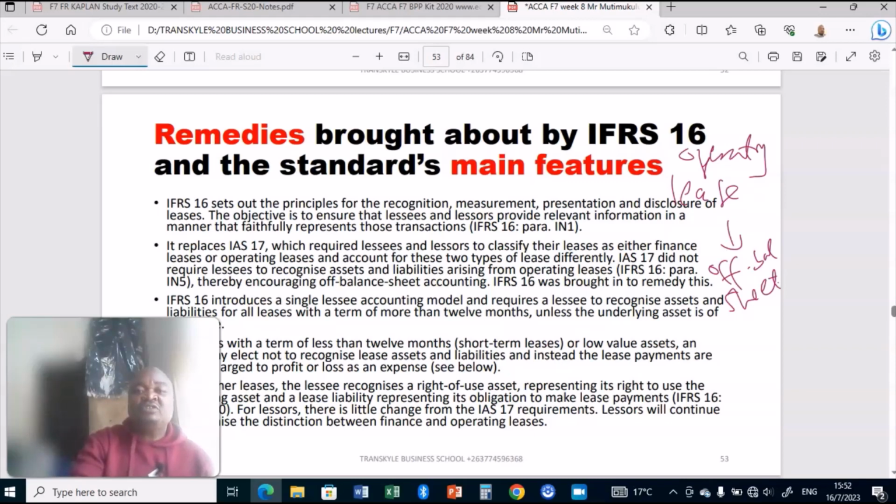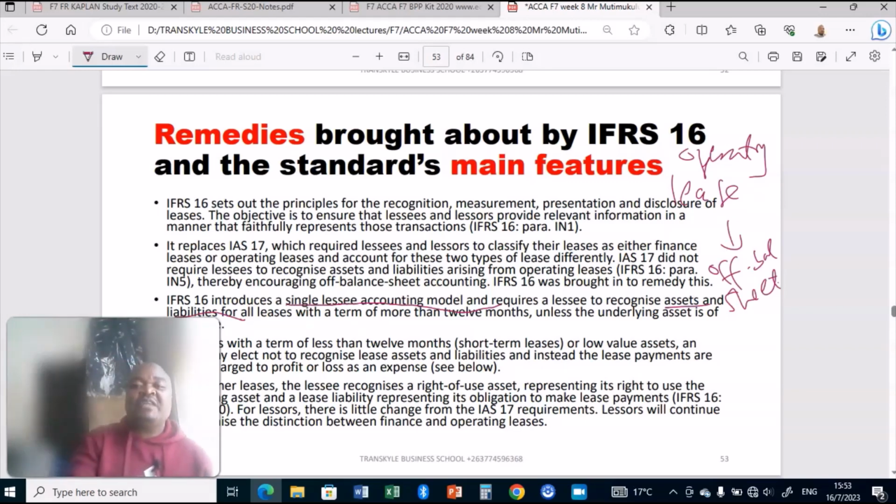So IFRS 16 introduces a single lease accounting model, whereby lessees, if you are a lessee or a tenant, are required to just follow a single model of accounting for leases. Now, it requires a lessee to recognize assets and liabilities for all leases. So whenever you enter into a lease transaction, remember that you are going to have entries for both the asset, the right of use asset, and the lease liability.